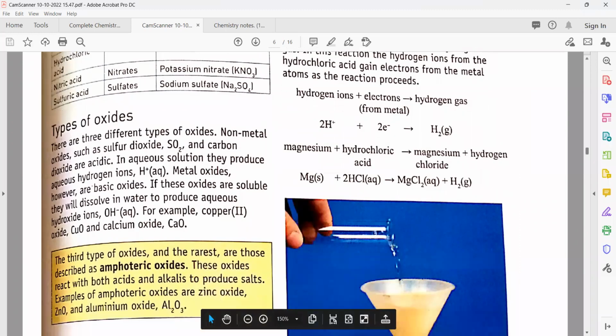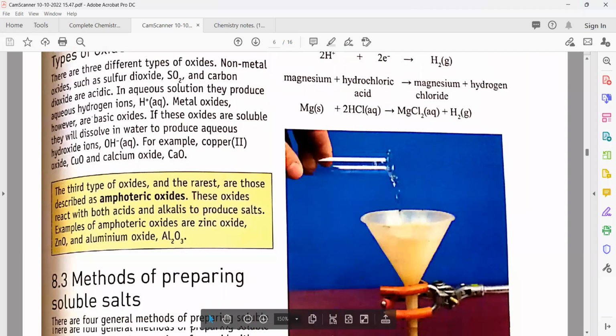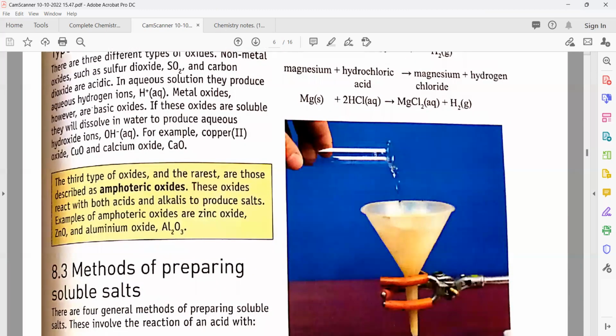We know about hybrid cars: some cars work on fuel like petrol or gas, but some work at the same time on electricity, while the Tesla only works on electricity from batteries. Here, some oxides show both characteristics, so we give them a special name. What do we call them? Amphoteric oxides.